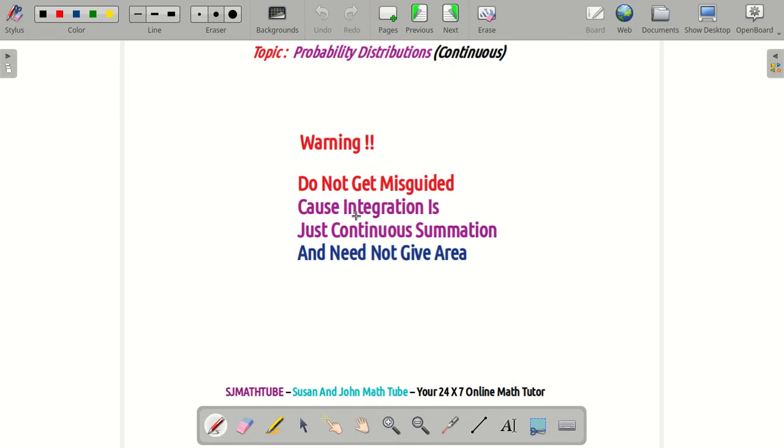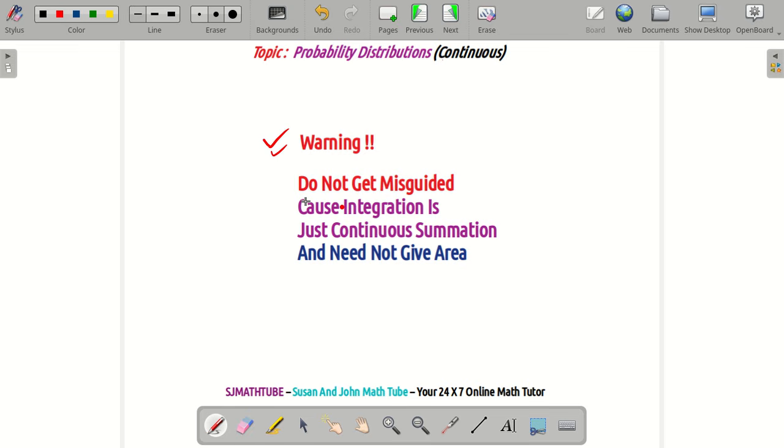Okay, now one very important thing. Do not get misguided, because integration is just continuous summation and it need not give the area. Now some of you might be wondering, just a minute back I told you integration gives area.